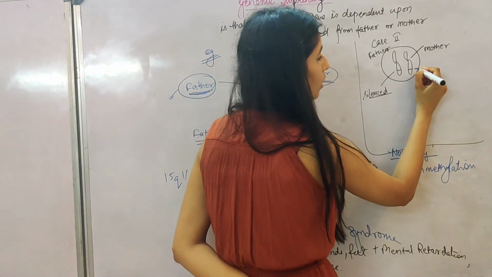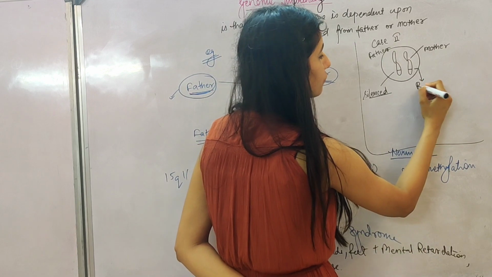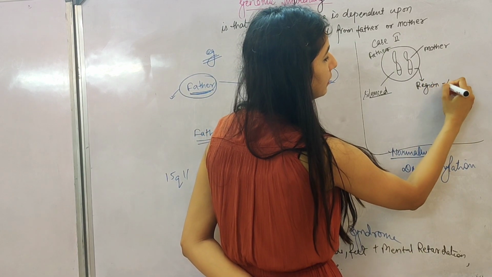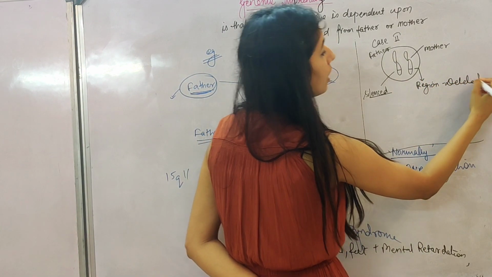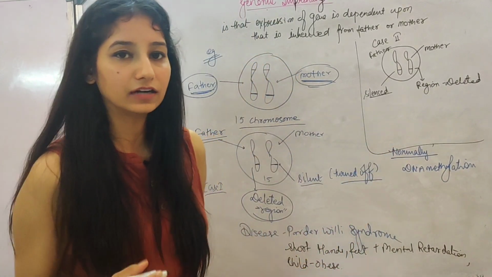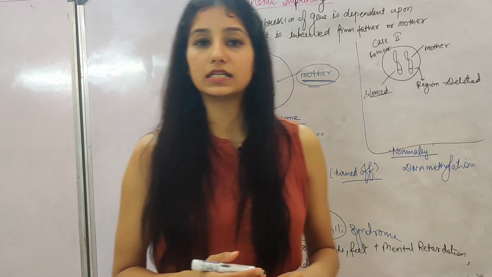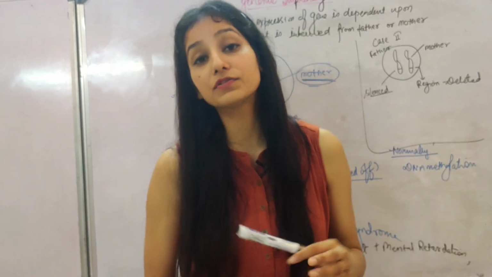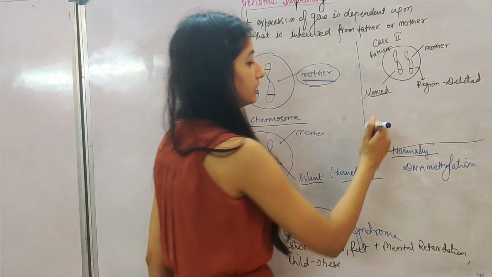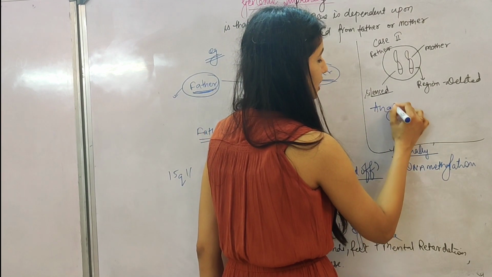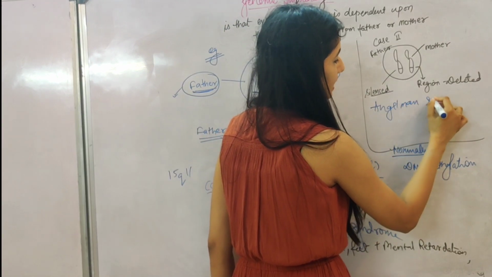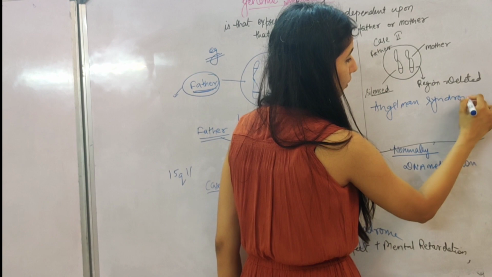But this specific region of the chromosome got deleted. Now we would expect that the offspring will get Prader-Willi syndrome. But this doesn't occur. The offspring will get another kind of disease known as Angelman syndrome.